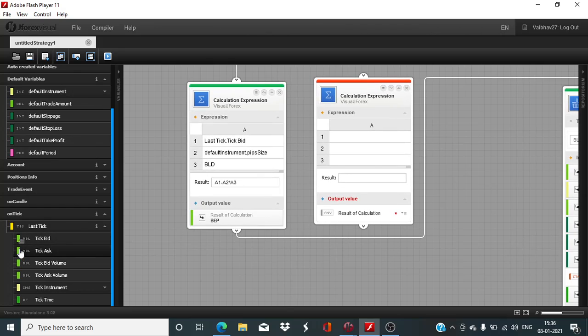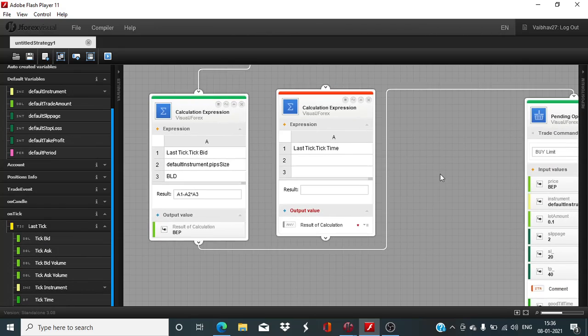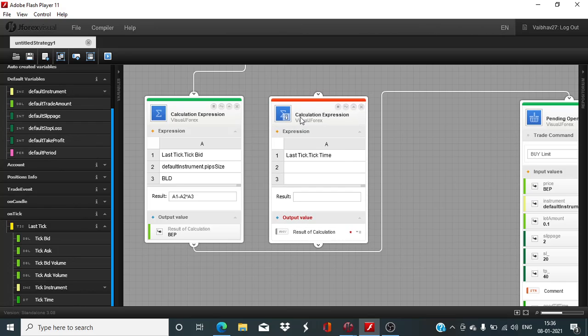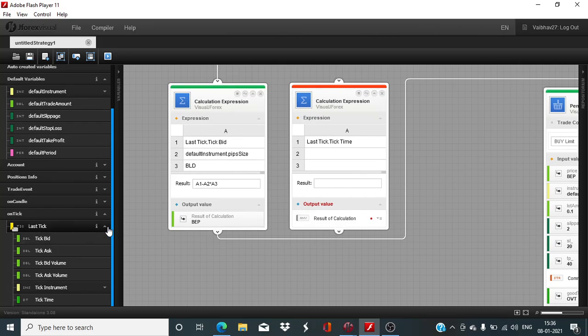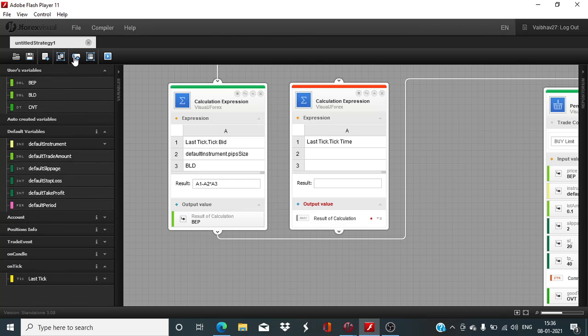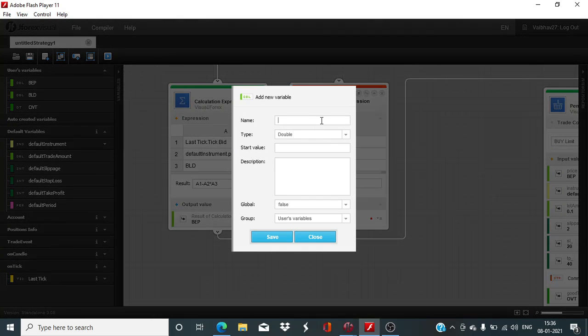Here we have to take the tick time. So whatever is the current time, it will be reflected in this variable. Then we have to create one more variable, and that is going to be the number of ticks in 1 hour.